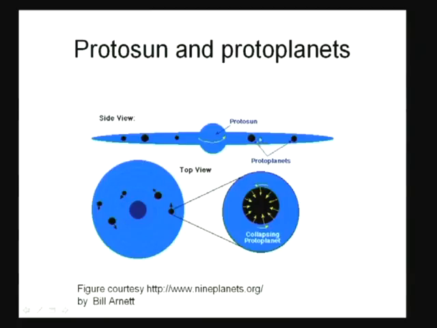So, as this collapses, this is showing you the collapse of one of these small fragments. As this collapses, it will again spin faster, but the spins of all of these things will be aligned because the angular momentum of the initial thing is aligned. Okay.